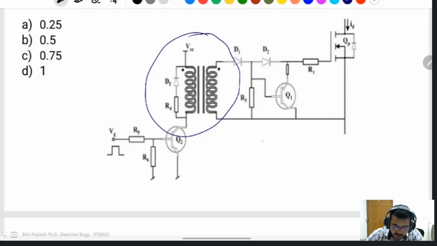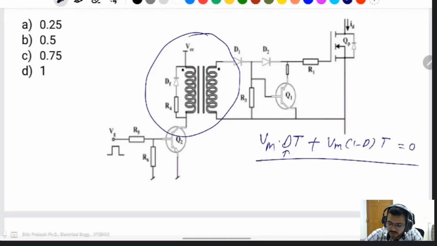The charging, VCC in DT, duty cycle, plus the magnetizing voltage Vm into 1 minus D times T, should be 0. The average of the charge will be 0. This is also known as the volt-second balance equation.